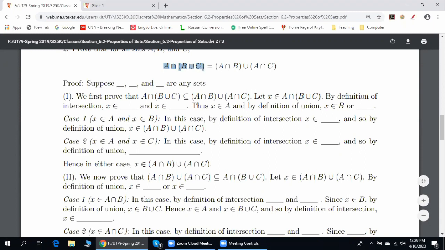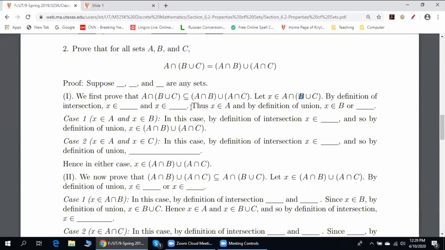So by definition of intersection, X is from A and X is from B union C. Conclusion, X is from A. But then remember, over here we have union, B union C. So by definition of union, X is from B or X is from C.